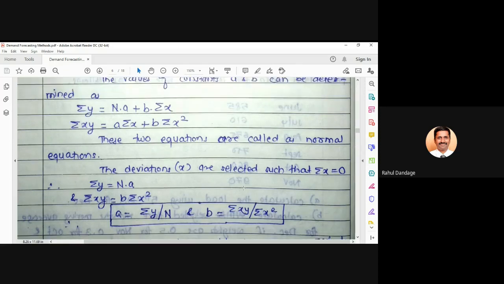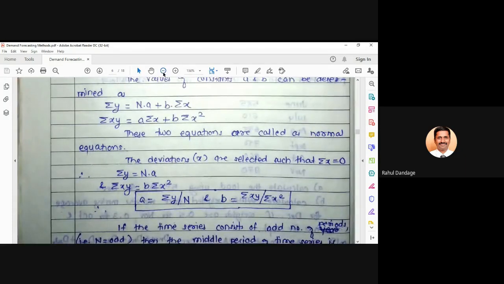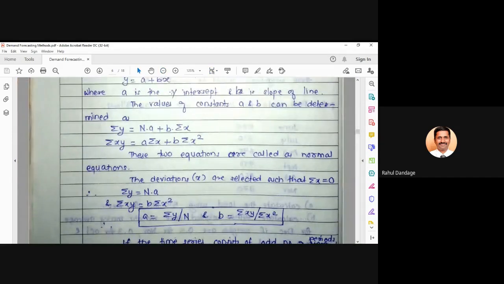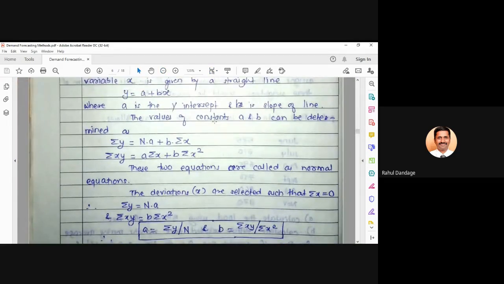These are some important equations. The first equation is y equal to a plus bx, where a is the y intercept and b is the slope of the line. Then these are the two equations: summation y is equal to n into a plus b into summation x, and summation xy is equal to a into summation x plus b into summation x square.